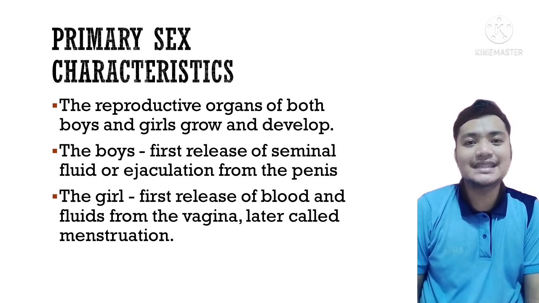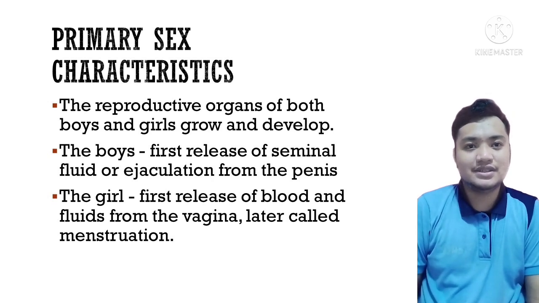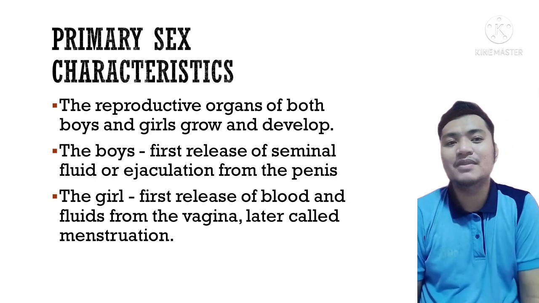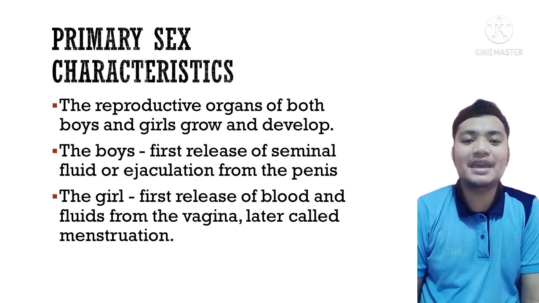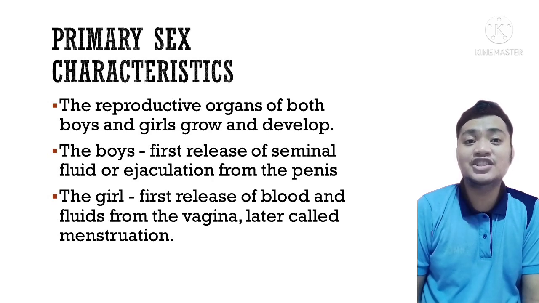So here, the primary sex characteristics are changes directly related to sexual reproduction. So the reproductive organs, both of boys and girls, grow and develop. So yung lalaki po, dapat may experience siya ng kanyang first release of seminal fluid or the ejaculation from their penis.